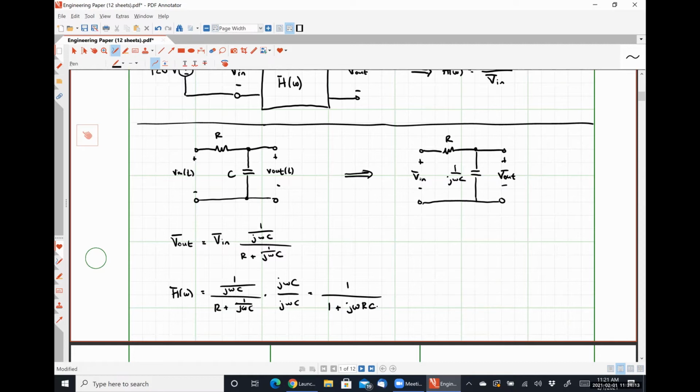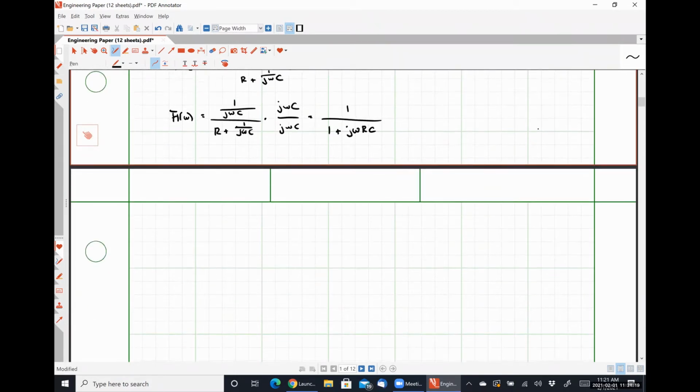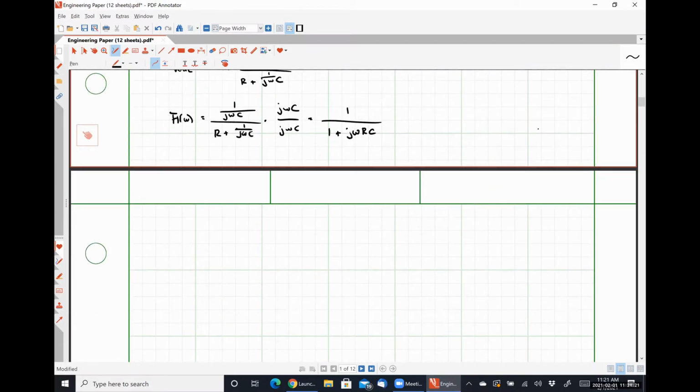And we can also develop a phase response. So let's start by determining our frequency response, the magnitude of H of omega.